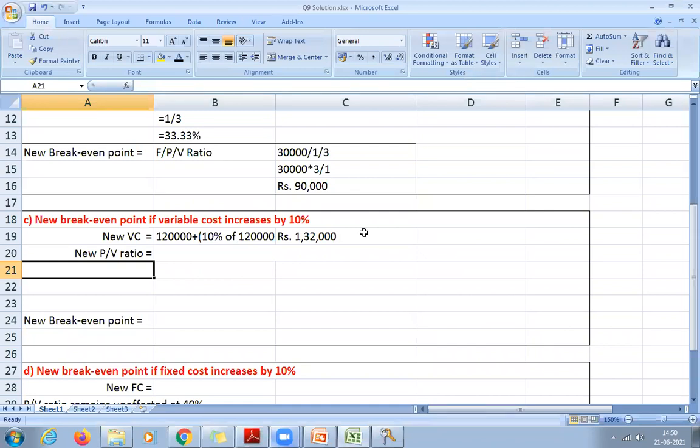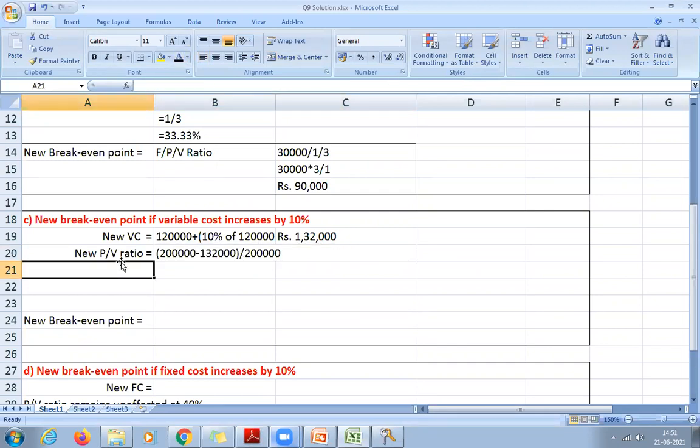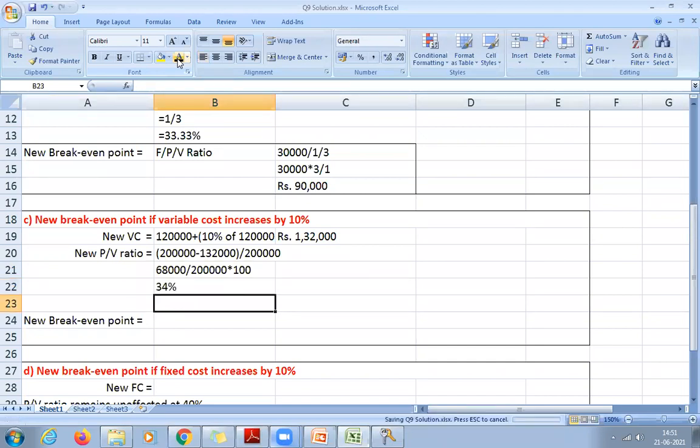Earlier it was 1.2 lakhs, now it will be 1.32 lakhs, and divided by sales, that is 2 lakhs again. So now you calculate. How much you'll get? 34%. So 2 lakhs minus 1.32 lakhs will be 68,000. So divided by 2 lakhs will be 34%. All of you got the new PV ratio.